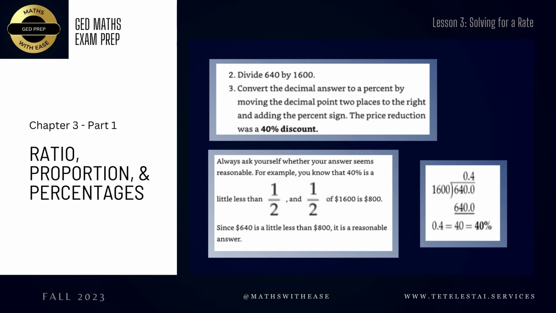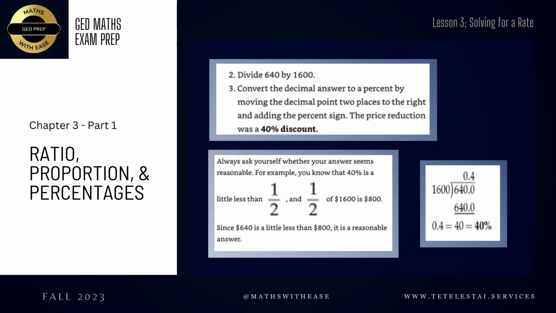So 640 times 100 gives you, just add 2 zeros here, 64,000. So if you cross multiplied 1,600 by 40, you should also get 64,000. And then you know that your proportions are the same, right?